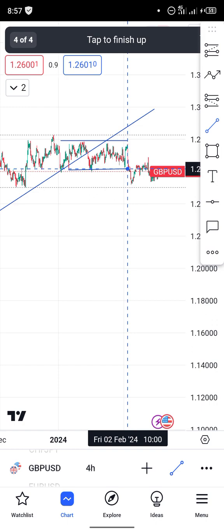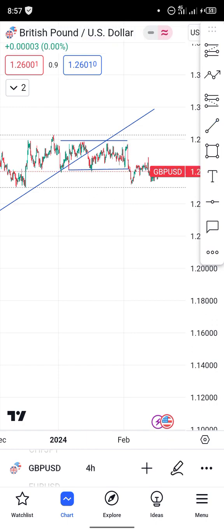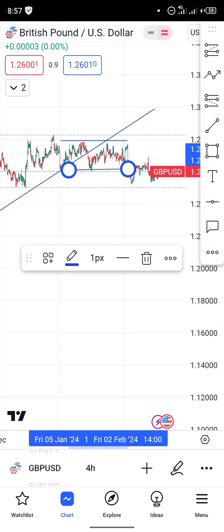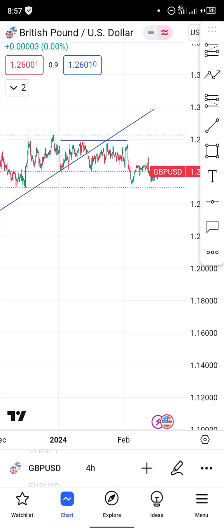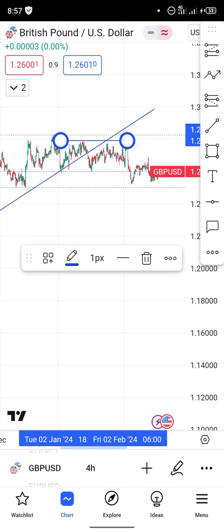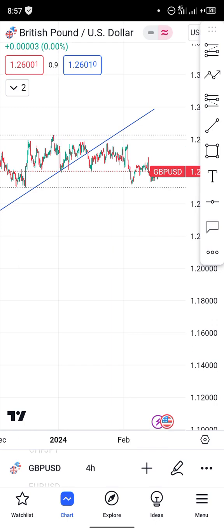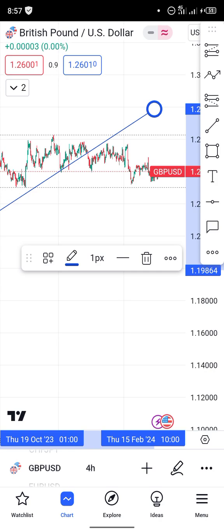Now, what you do is mark out this zone, your trend line. Don't forget that your trend line is your support level, which you're using to enter your trade in the first place, since you're expecting the market to touch that line, then you buy.